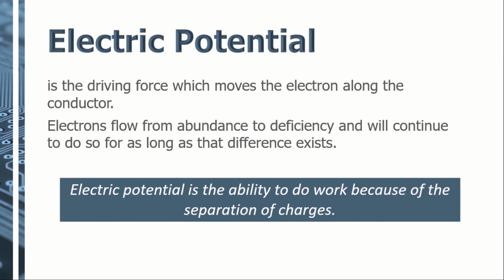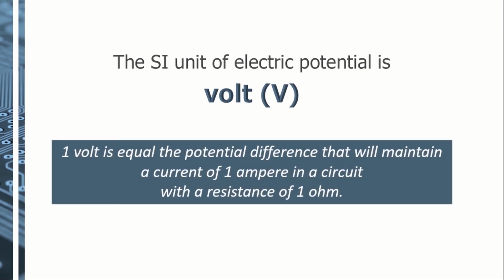Electric potential is therefore defined as the ability to do work because of the separation of charges. Electric potential is measured in the SI unit of volt, with capital letter V as the symbol. 1 volt is equal to the potential difference that will maintain a current of 1 ampere in a circuit with a resistance of 1 ohm.